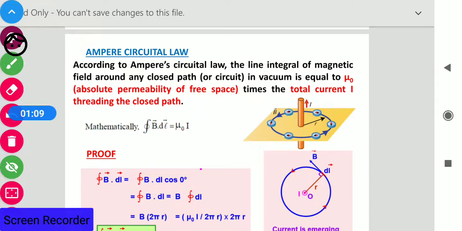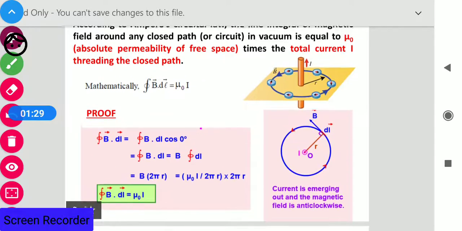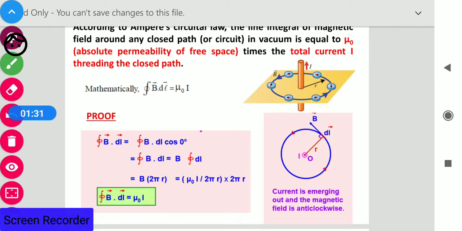Now the proof of this law. This figure is the same as before. Here, in place of the current carrying wire, a dot is shown. That is, the current is coming out of the plane of the paper, and the field loop is anti-clockwise.